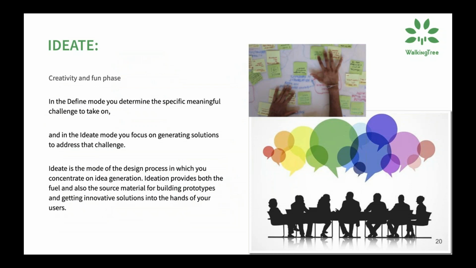So in define mode, we determine the meaningful challenges that we got, and in ideate mode, we are focusing on generating solutions to those challenges. Here in ideate mode, the design process concentrates on the ideas that have been generated out of the workshop.